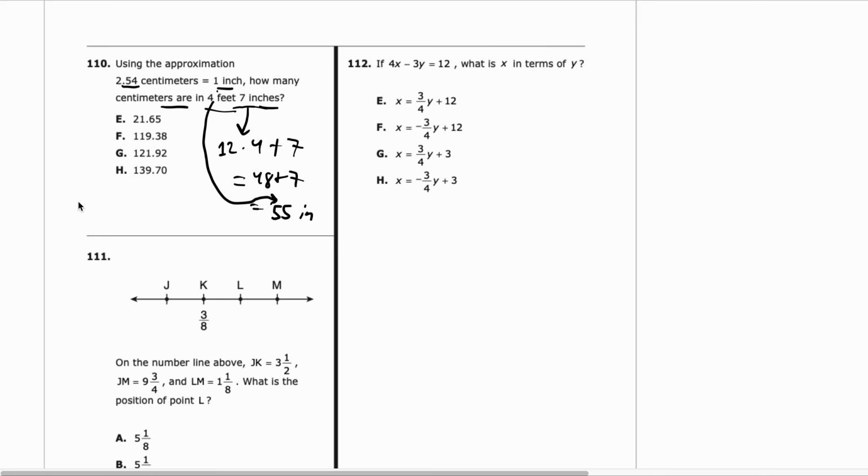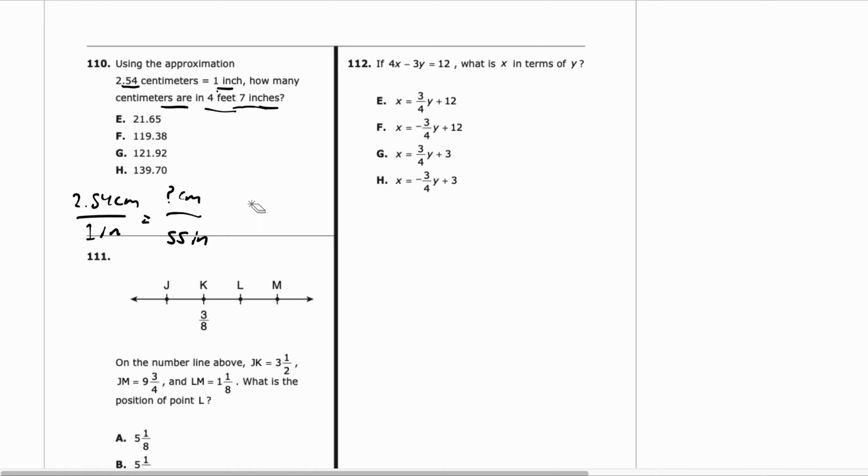Now we can use a proportion. We know 2.54 centimeters to 1 inch, and we know 55 inches, and we want to know how many centimeters that corresponds to. So we cross multiply and we get that the question mark is equal to 2.54 times 55.